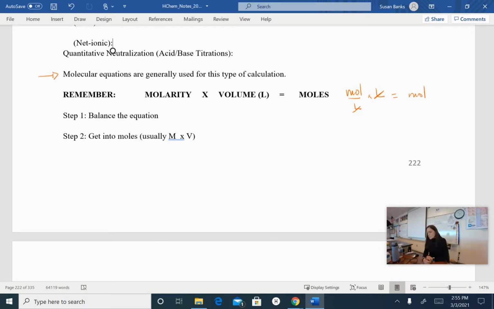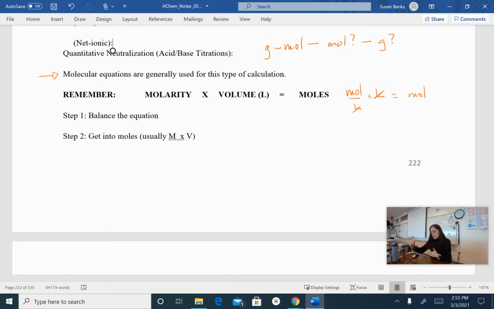So that's where we do kind of like we did with stoichiometry. We started with grams of what we knew, went into moles of what we knew, then into moles of what we wanted to know about, and went back to grams of what we wanted to know about. Now we're going to start with volume in liters to get to moles, use that mole relationship, and get into moles of what we want to know about.